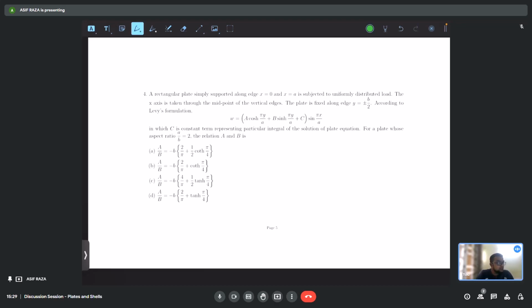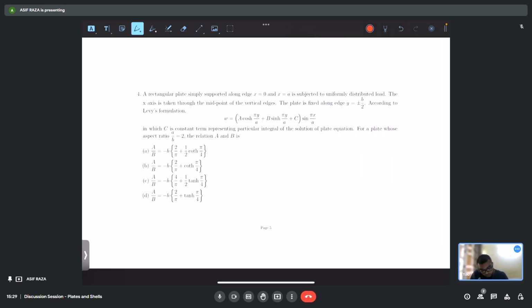For a plate whose aspect ratio a by b is equal to 2, first what we have is a rectangular plate. The plate is fixed along, so we have the x-axis taken through the midpoint.